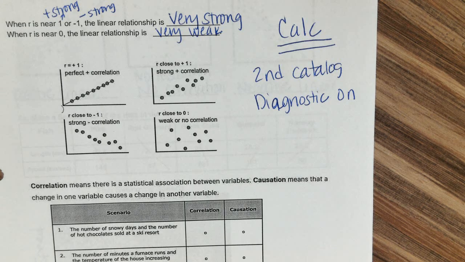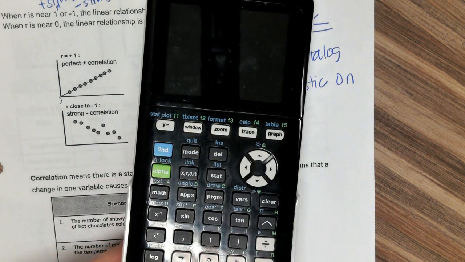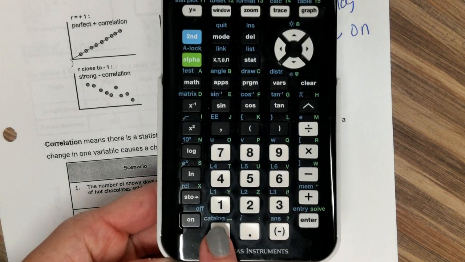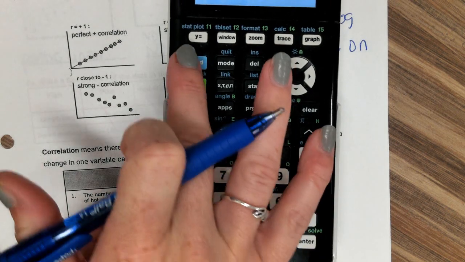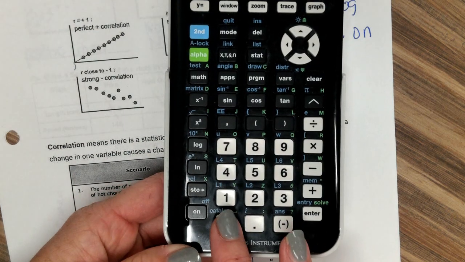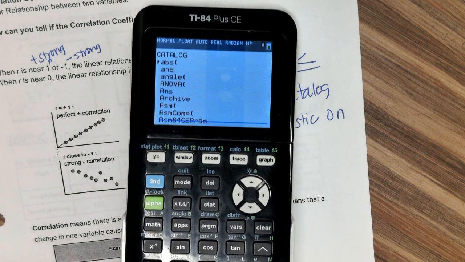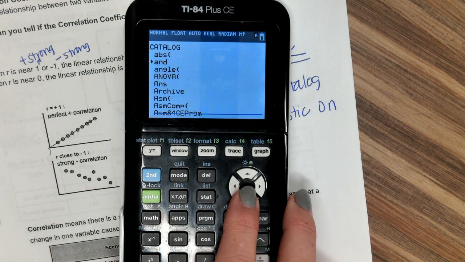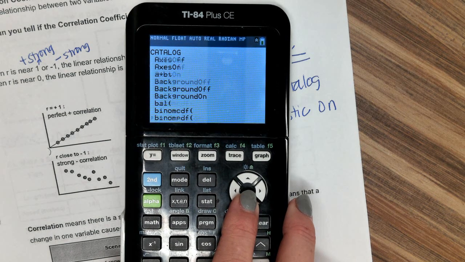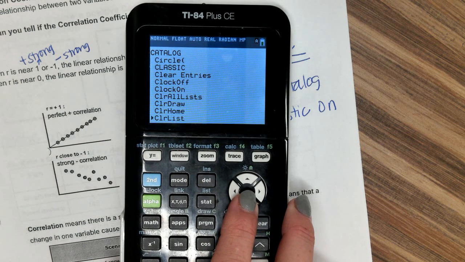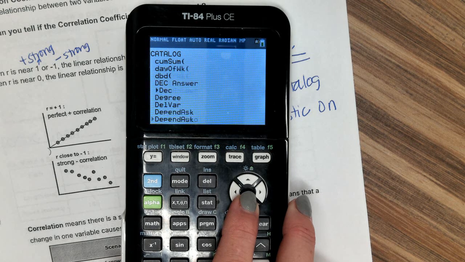Okay, so see if you can find catalog. Did y'all find it? Right with a 0 in blue. So you're going to go to second 0 or second catalog. This whole thing is going to pop up. You're going to take that arrow and arrow down and just hold it down until you go to the D's, you're looking for diagnostics on.